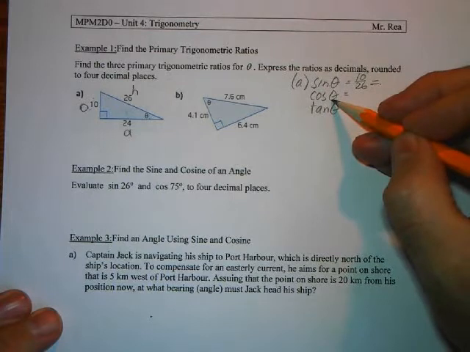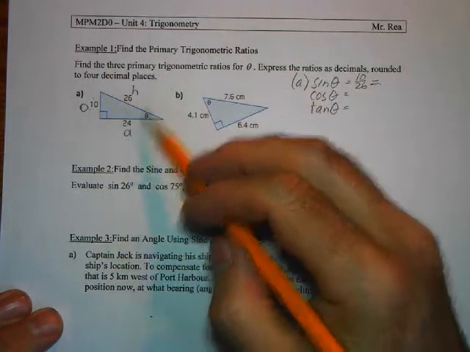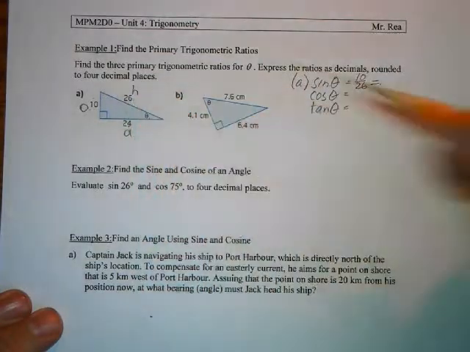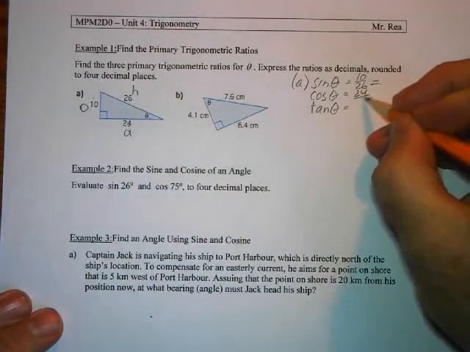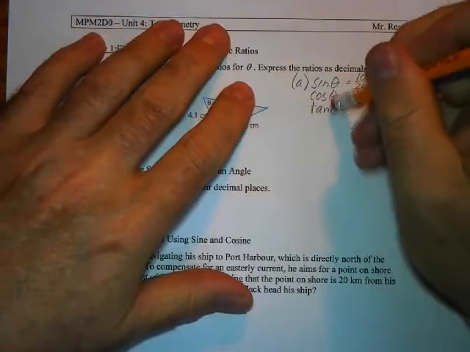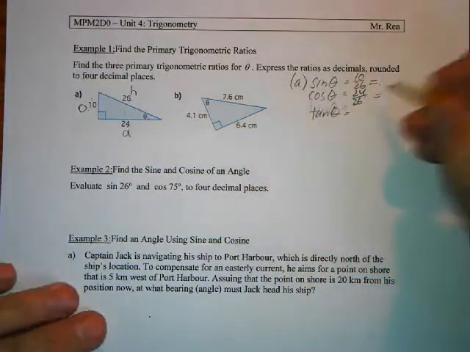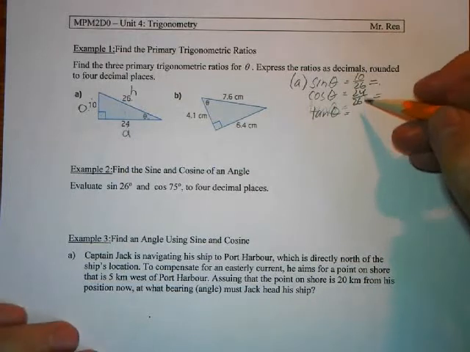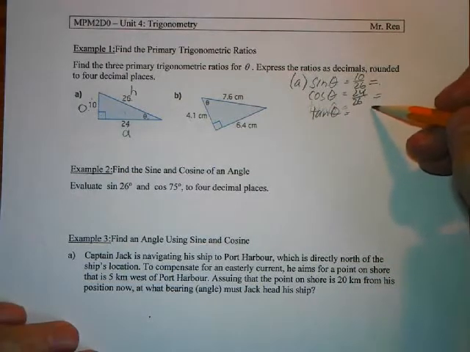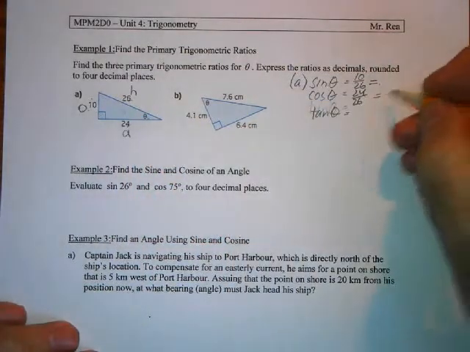Cosine theta, CAH, so that means I want adjacent over hypotenuse. So that's 24 over 26. And tan theta, which we did last time, opposite over adjacent, TOA. So 10 over 24.